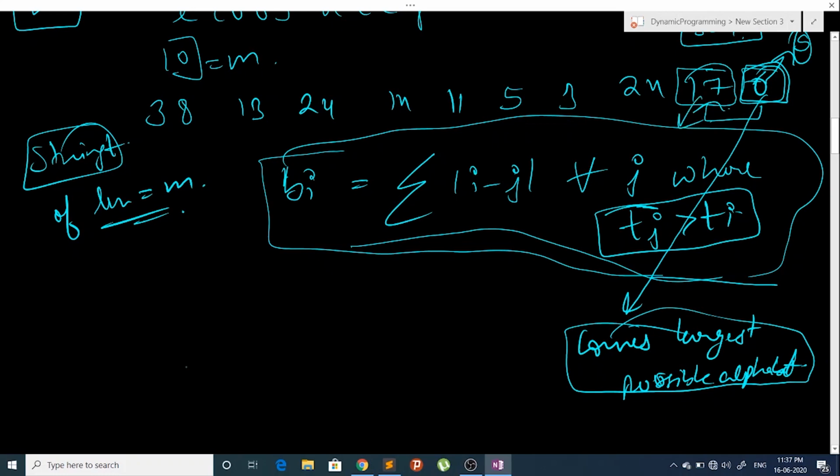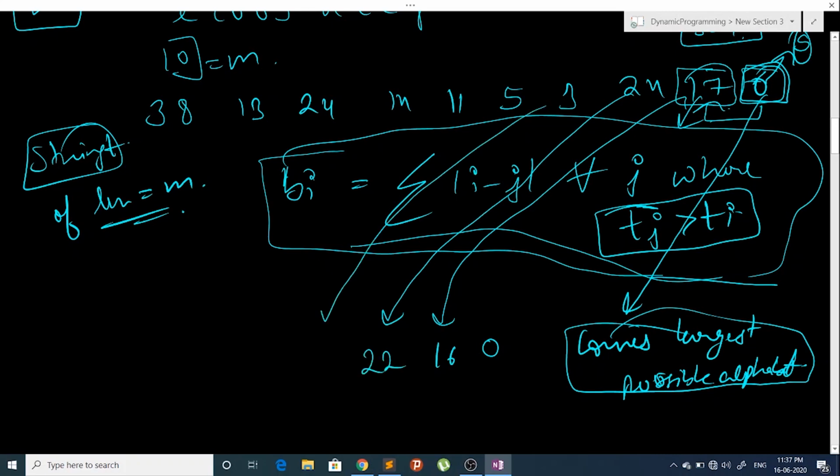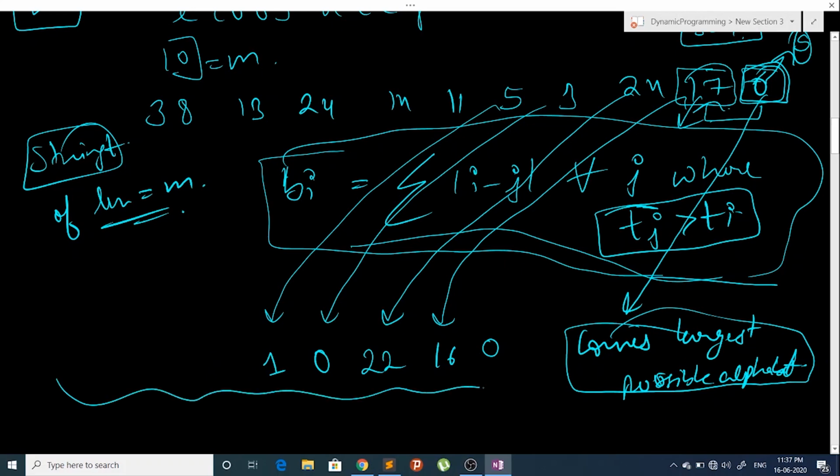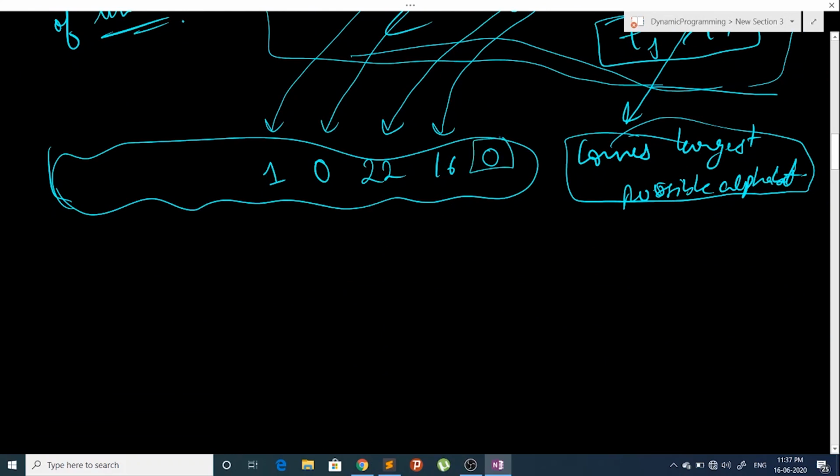So our array B will look like, here we will have 0 and from here we will have 16, and here we will have 24 minus 2 equals 22, and here we will have 3 minus 3 equals 0, and here we will have 5 minus 4 equals 1, and here we will have 11 minus 5, and something like this. So we will just find this new array B and let's mark it visited.